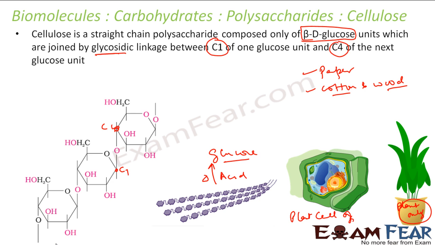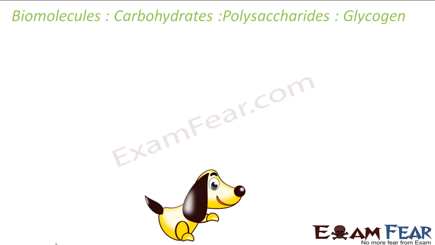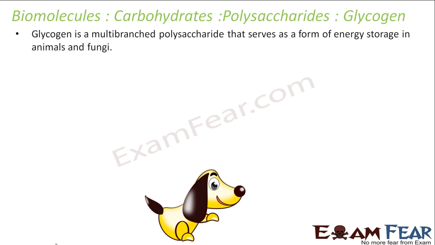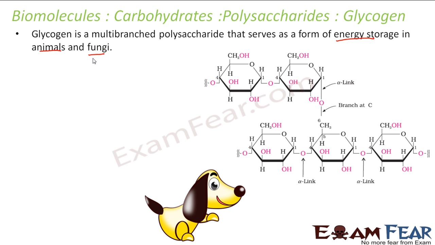Now let's talk about glycogen. Glycogen is generally in animals. Glycogen is a multi-branch polysaccharide that serves as energy storage in animals and fungi. This is the structure of glycogen, and it is almost similar to amylopectin, which you just saw as part of starch.